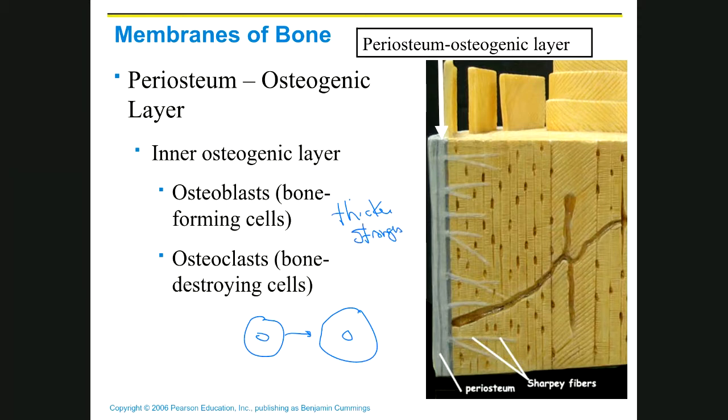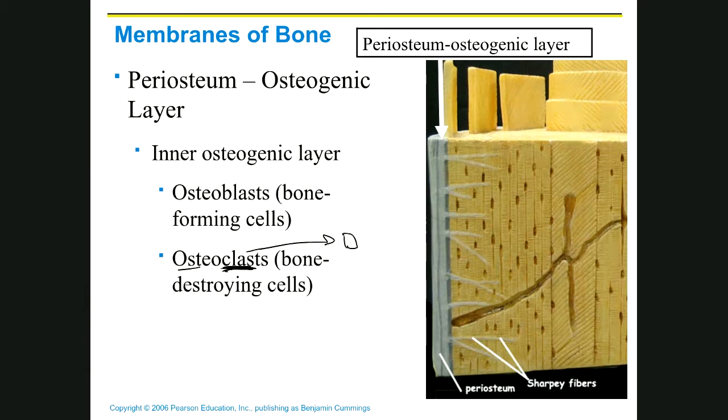But there's also another kind of cell in here. And these are called osteoclasts. And a clast cell is one that dissolves bone. It destroys bone. It's going to use acid, just like we talked about with the vinegar, and it's going to dissolve the bone away. And so if I dissolve the bone, what's going to happen is here's this layer again, right here, right next to the bone.